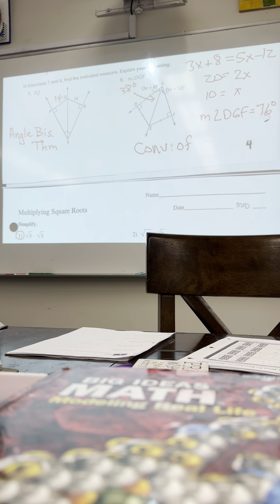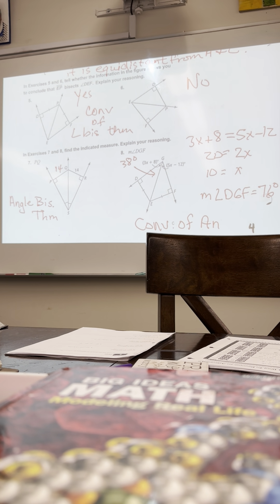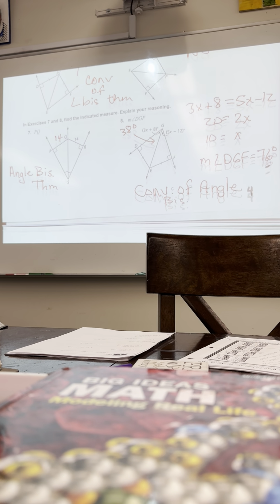Why did we say no for number 6? Because you have to either know the big angle E, or you have to know the segments DP and FP are congruent. All we had in that picture number 6 was a right angle, which isn't enough. Something's gotta be congruent, okay?